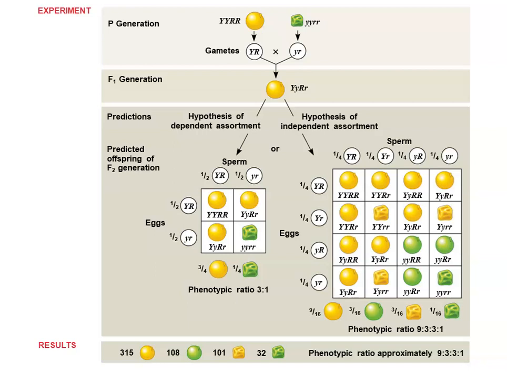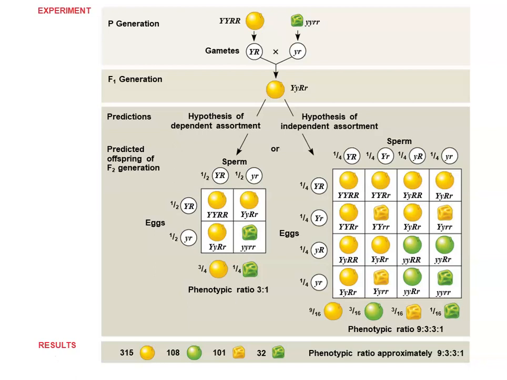What we now know to be the case is that the independent assortment hypothesis was supported. The data that was collected with those pea plants showed that you can have different combinations of alleles and different phenotypic expressions that don't necessarily match up with any of the phenotypic expressions or the allele combinations that were present in either the F1 generation or in the P generation.